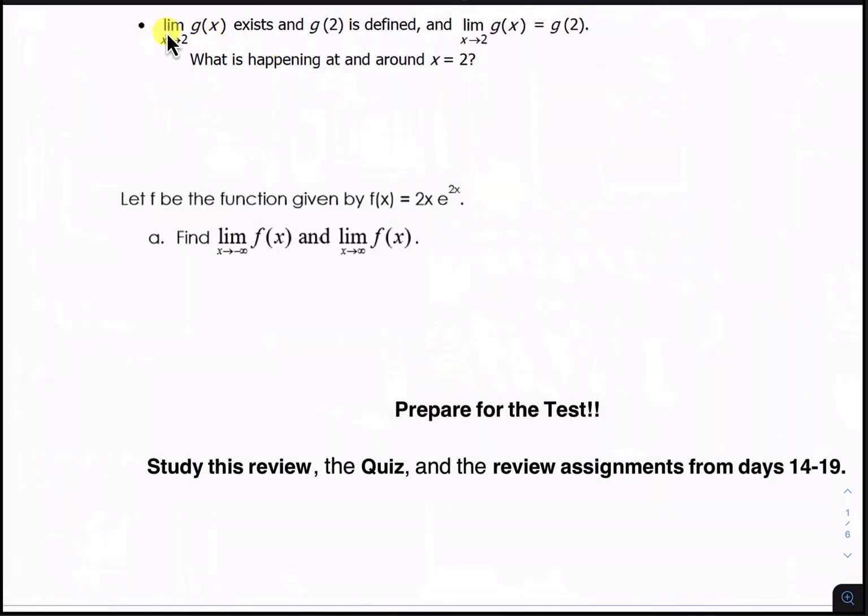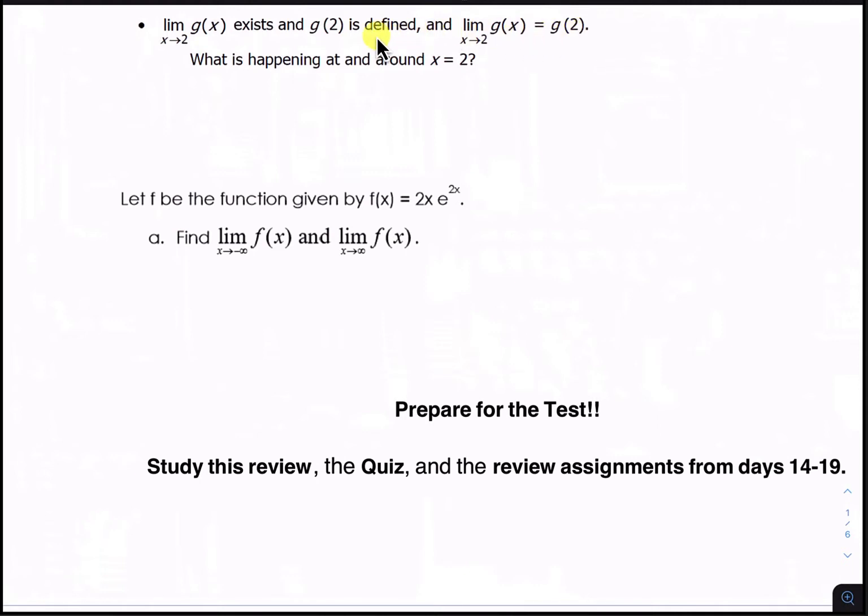All right, in this next question, it's asking what is happening at and around x equals 2. Here are the conditions. The limit as x approaches 2 of g of x exists. G of 2 is defined, and the limit as x approaches 2 is equal to g of 2.